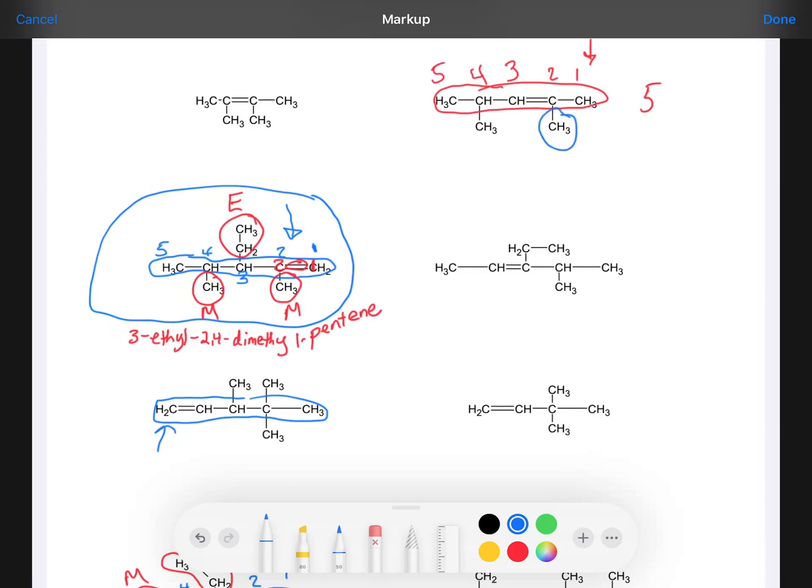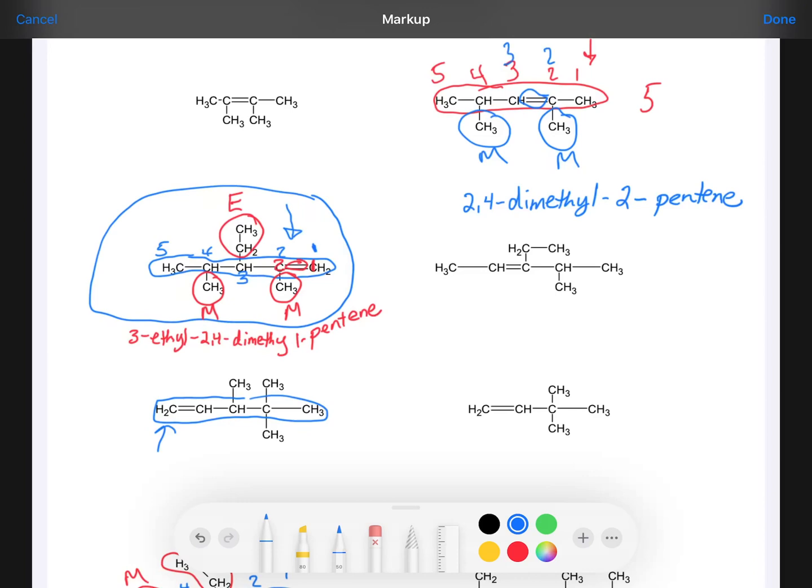And I have two groups attached, and they are methyl groups. So the name of this one is going to be 2,4-dimethyl-2-pentene. And we have to say 2-pentene because that double bond is between the 2 and the 3 carbon.